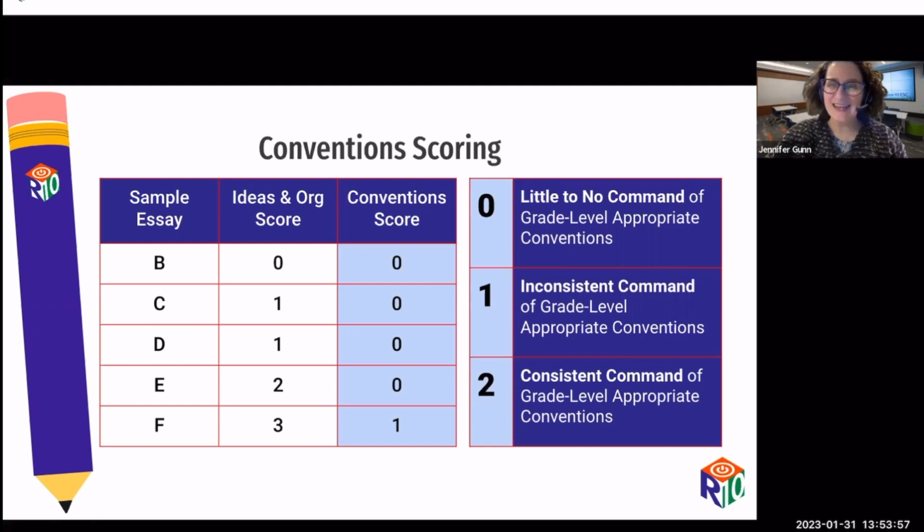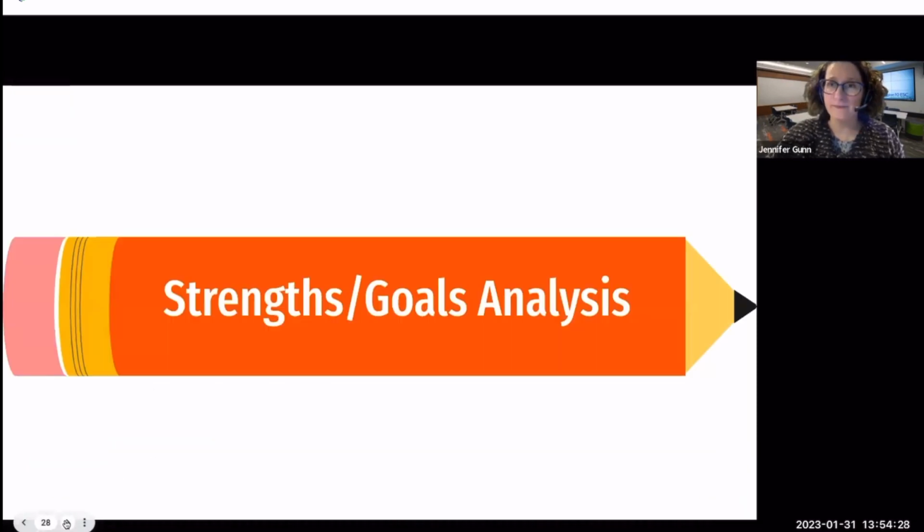The last essay we just read, F, that scored a 3 for ideas, scored a 1 on conventions, an inconsistent command for grade level appropriate conventions. Again, I want to repeat that we do want instructionally to build students' mastery of conventions, but the idea category is going to be priority number one.